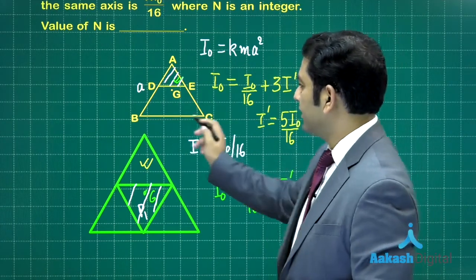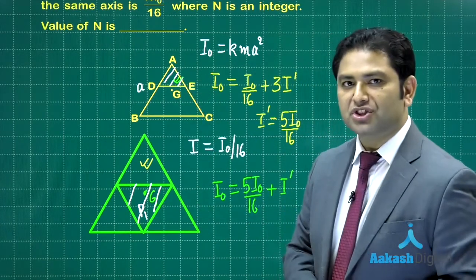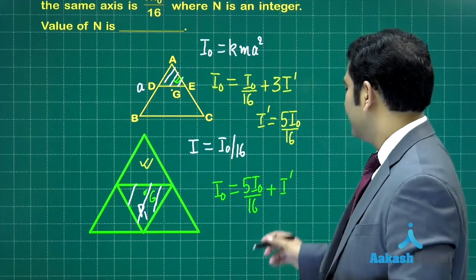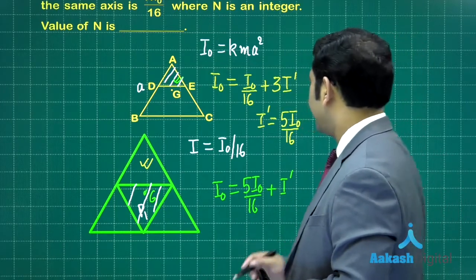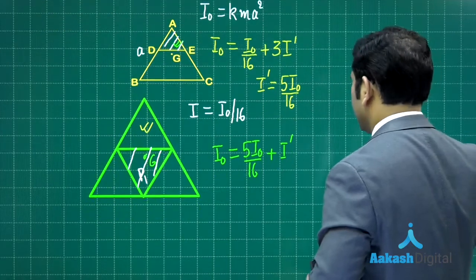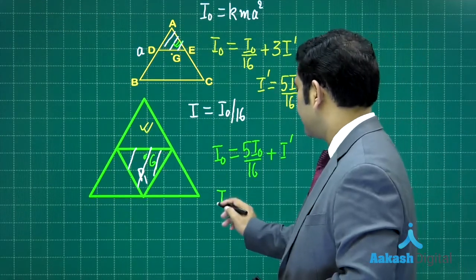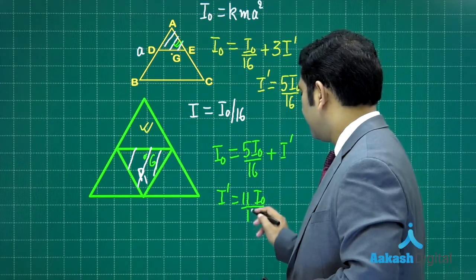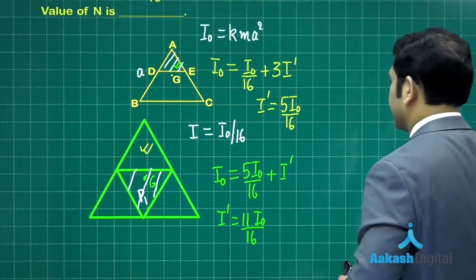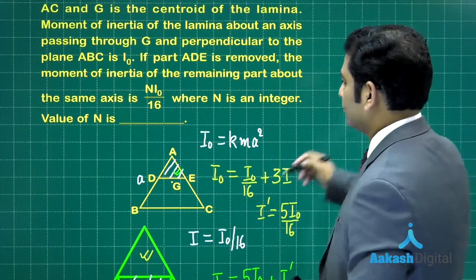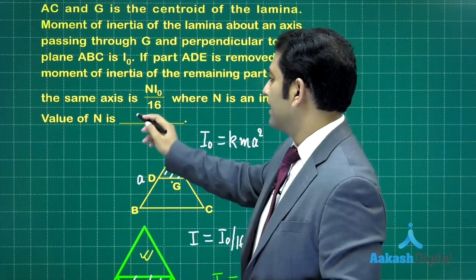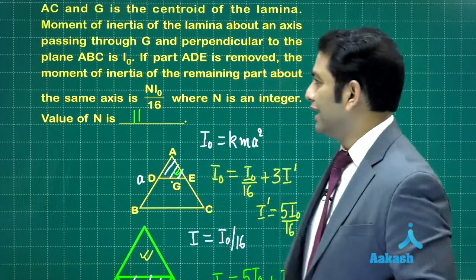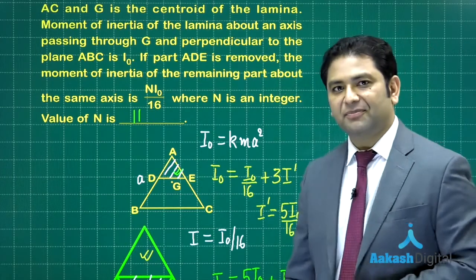I dash is the moment of inertia of the remaining portion. That's what we need to calculate. So what do you get? The value of I dash equals 11 I naught by 16. And that has finally been done. The correct answer would be 11 because we need to compare in terms of n I naught by 16. So 11 would be the correct answer.